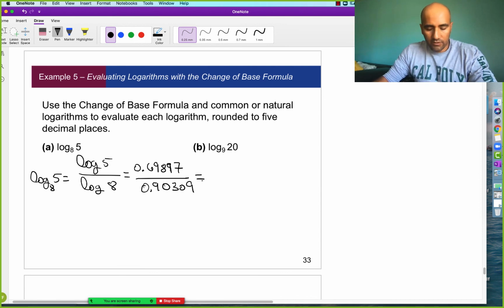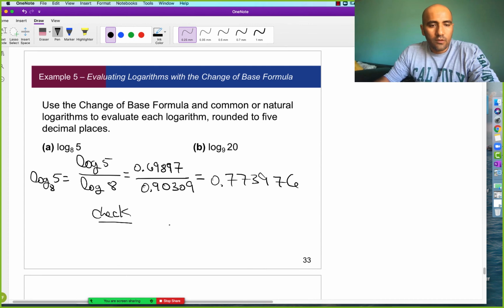And then when I divide these two, 0.69897 divided by 0.90309, it's approximately 0.773976-ish. And we can check to see if it all works out. It must be true that 8 to the power of 0.773976 is pretty close to 5.